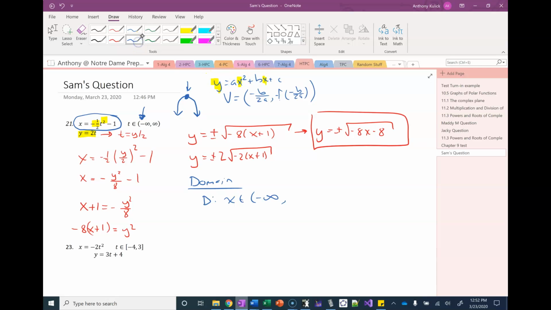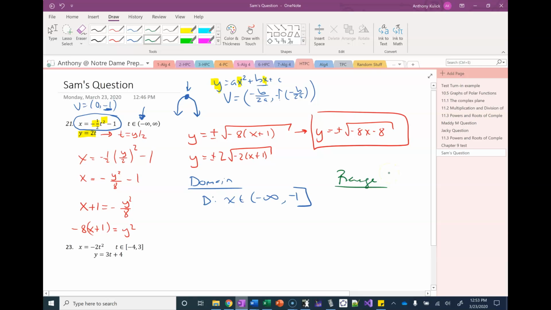Here I can see that negative b over 2a is just going to be 0, since there's no term with just a t in it. When I plug that back in, I get 0 squared, which is 0, times negative 1/2, which is still 0, minus 1, which is negative 1. So that negative 1 is going to be the tippy top of my domain.